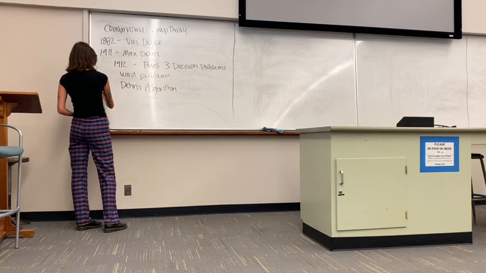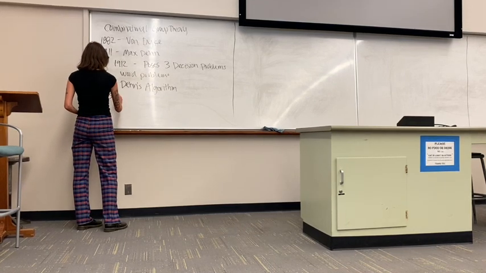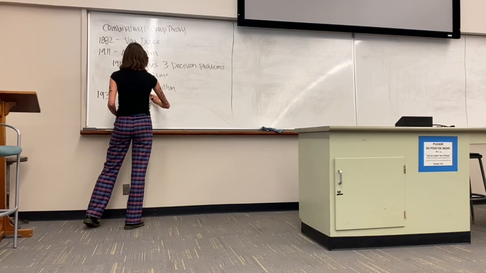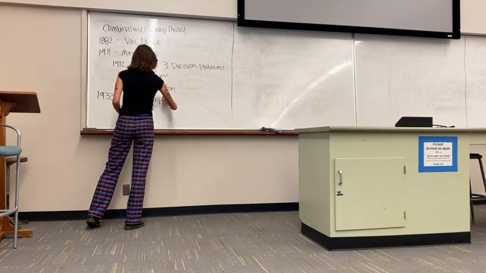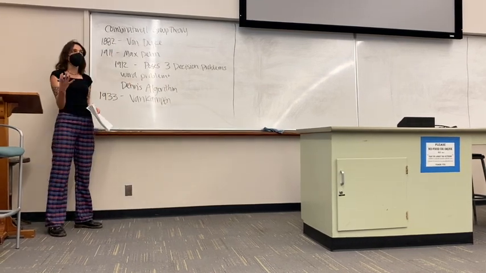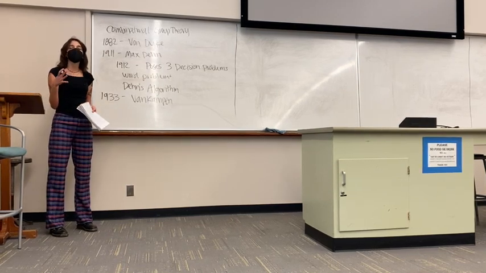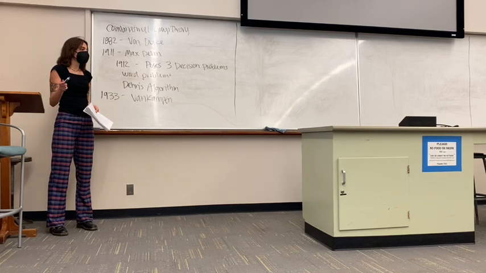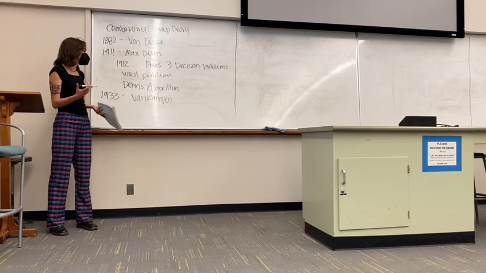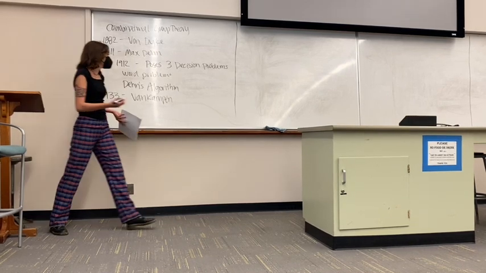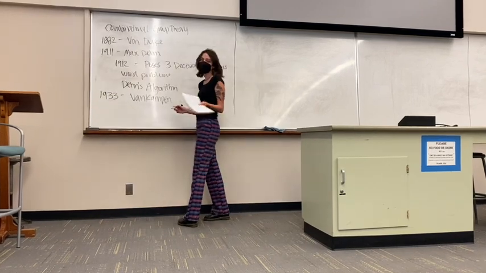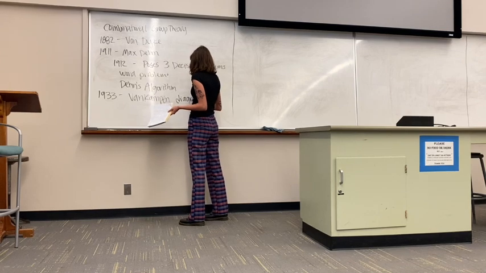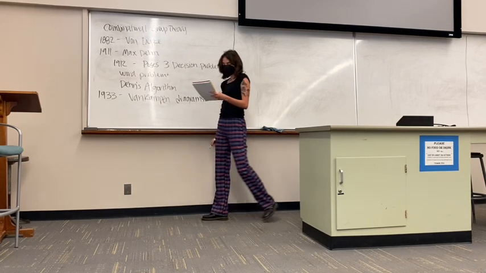And so the next result we see comes in 1933 when Van Kampen gives a way to graphically represent words which equal the identity in the group, and this graphical representation was later given the name Van Kampen diagrams.